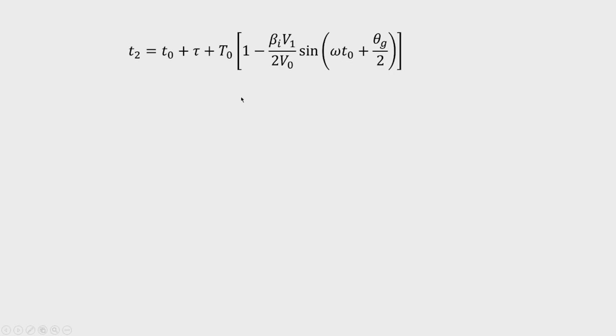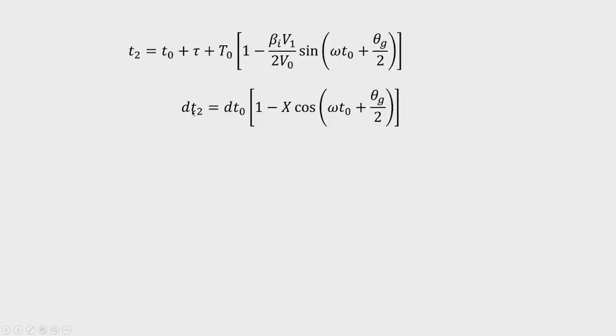This is the transit time of the electrons in the drift space. So, the sum of these 3 times gives the time T2, the entry time of the electron in the catcher cavity.